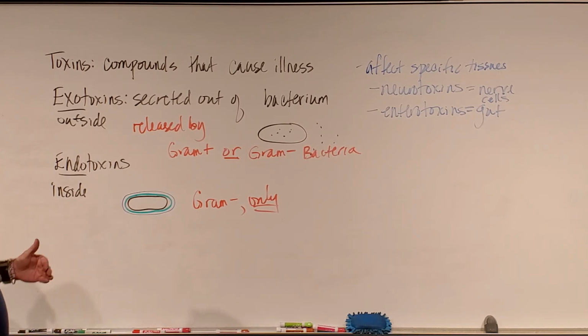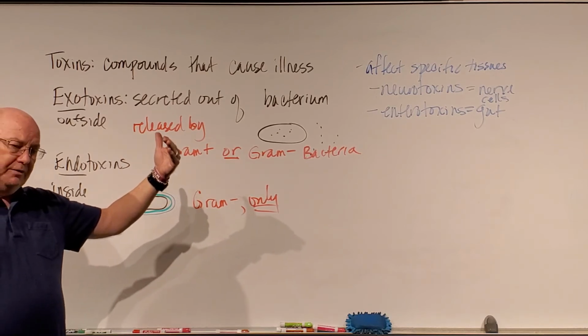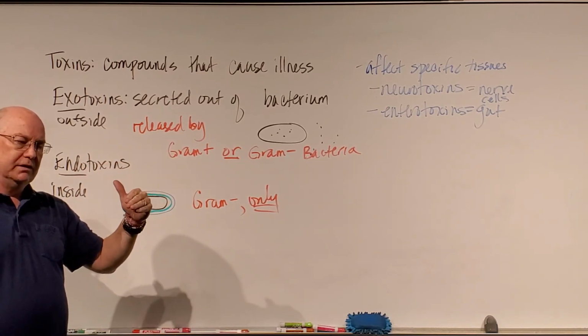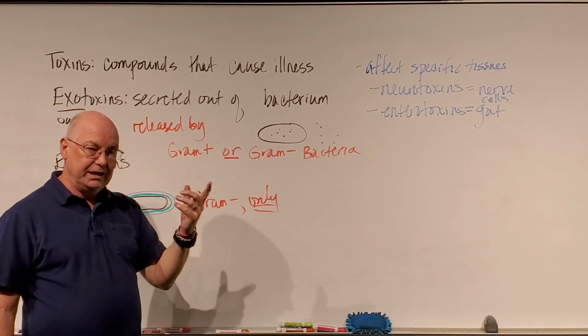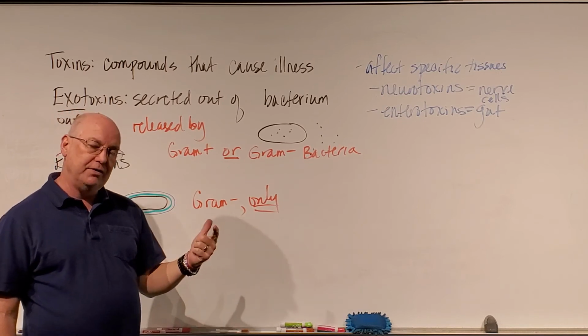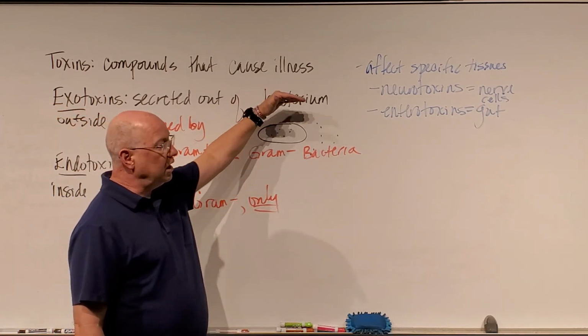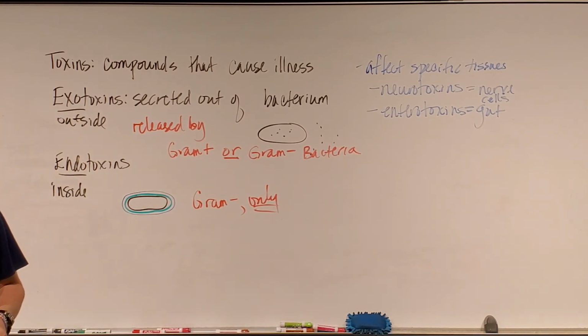Now, another thing that happens is exotoxins very often can enter our bloodstream and cause what we call toxemia. So anytime we have an emia, that's when something has entered the bloodstream. Emia comes from heme. So bacteremia means there's bacteria in the blood. Viremia means there's viruses in the blood. Toxemia means there's some kind of toxin in the blood, usually an exotoxin.